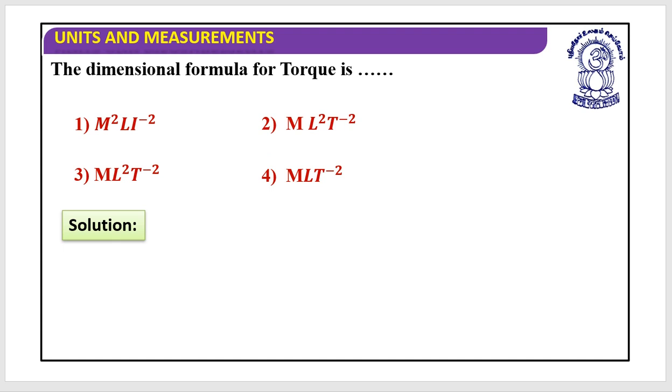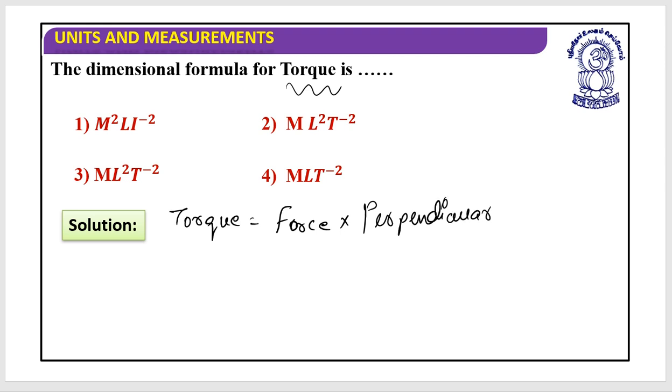Dimensional formula for the torque. What is it? Tell me. It's force multiplied by perpendicular distance. Now force is kg meter per second square.